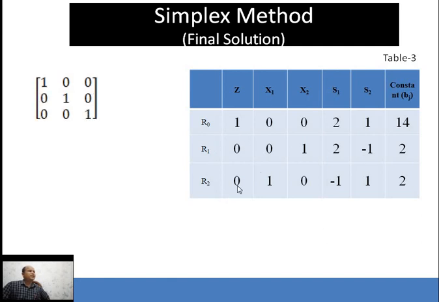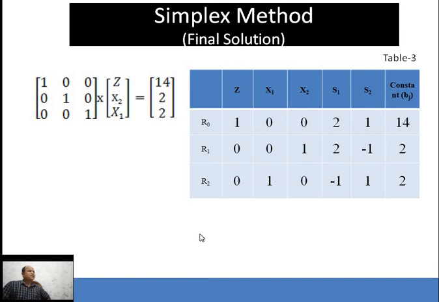Now see, the first column of the identity matrix is of Z, so it is multiplied by this matrix, that is Z. The second column is of x2, so it is x2, and the third column is of x1, so x1 is equal to the constant matrix where we have 14, 2 and 2.